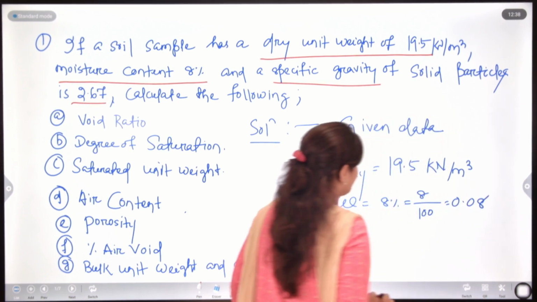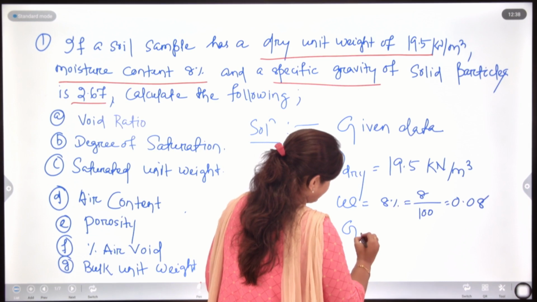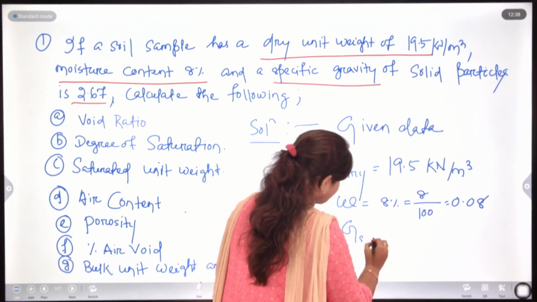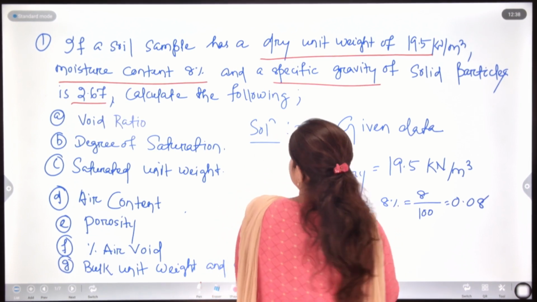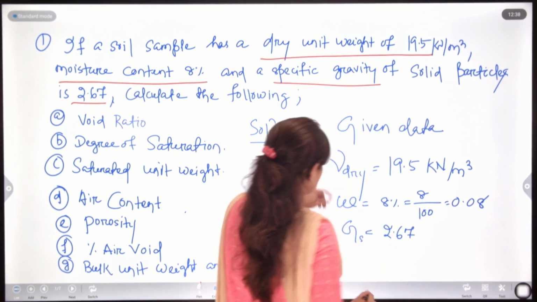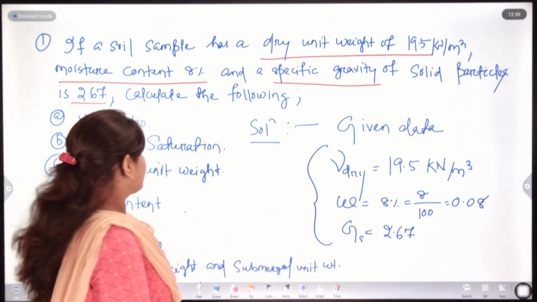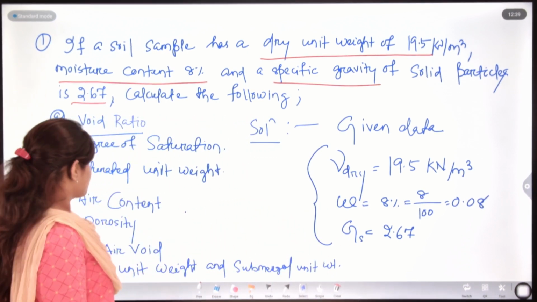That will be 0.08, and your specific gravity of soil, GS, is your 2.67. By using these three parameters, we will calculate what? Void ratio.